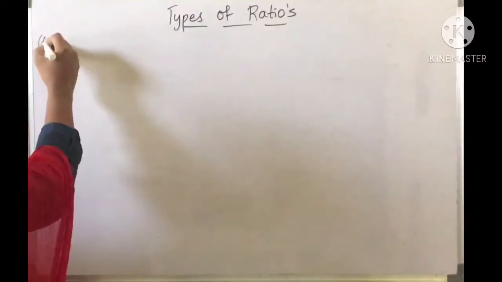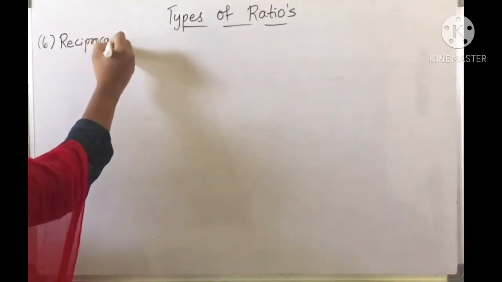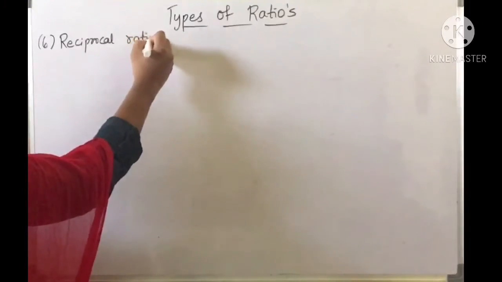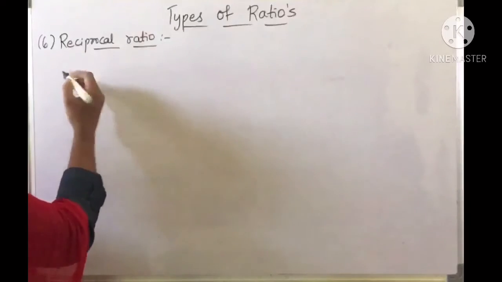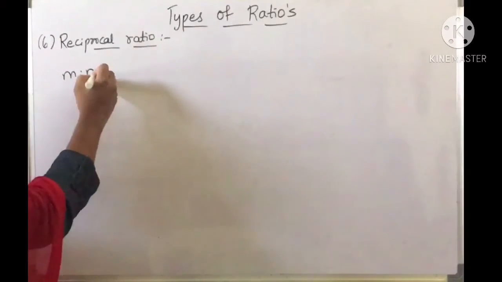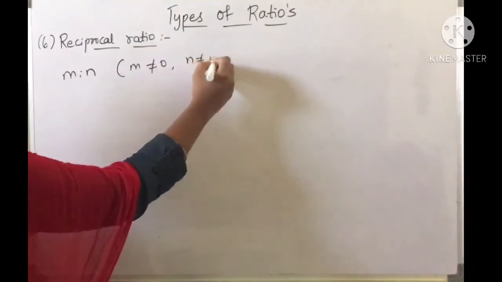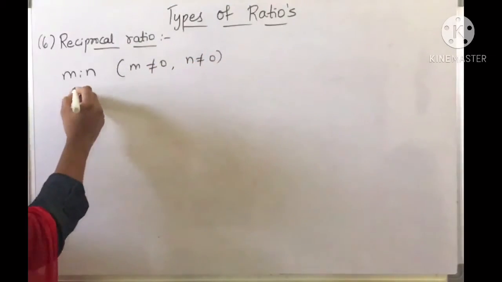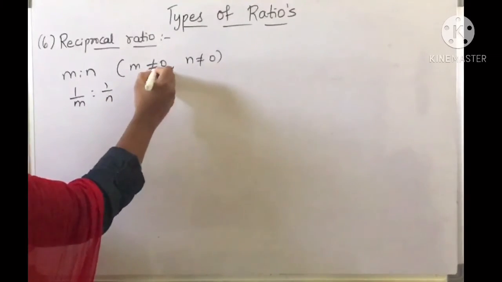Next, sixth one, reciprocal ratio. Here the reciprocal ratio of m is to n, where m is not equal to 0, n is not equal to 0, can be written as 1 by m is to 1 by n. Why is it not equal to 0, children?